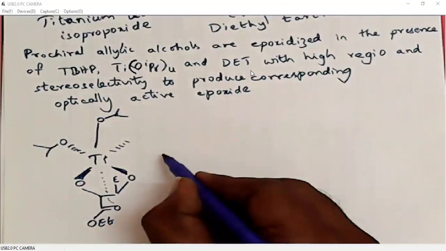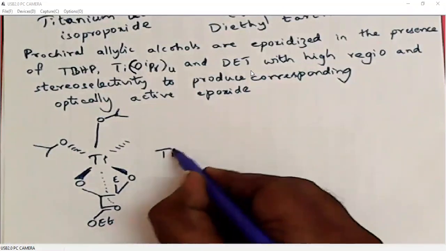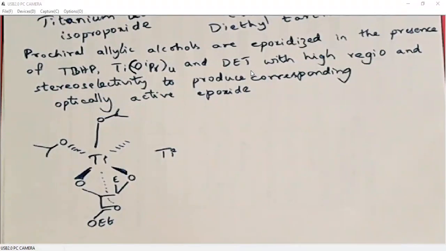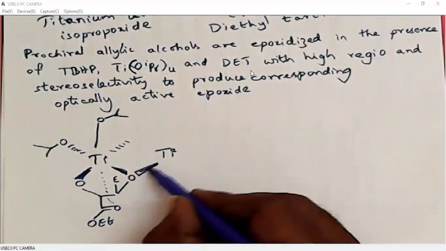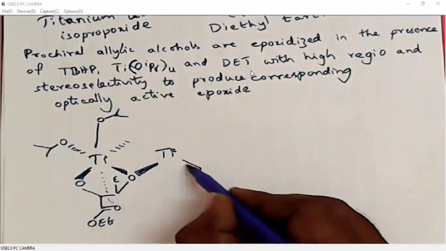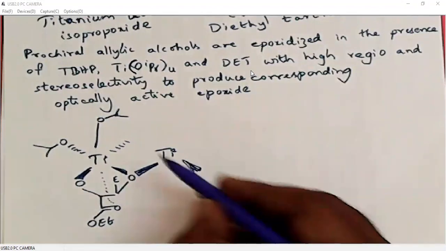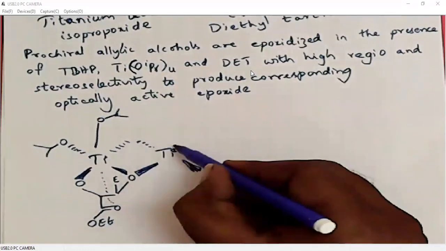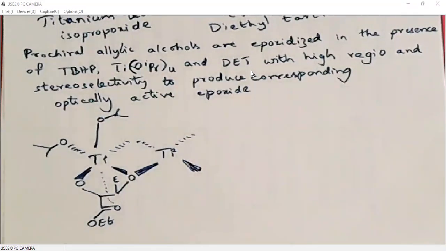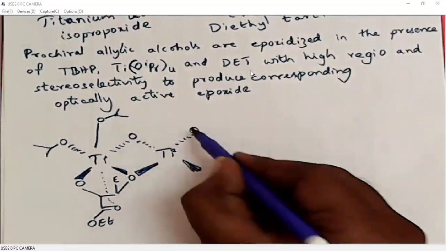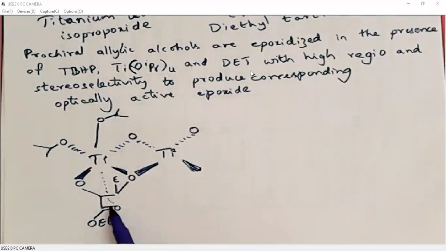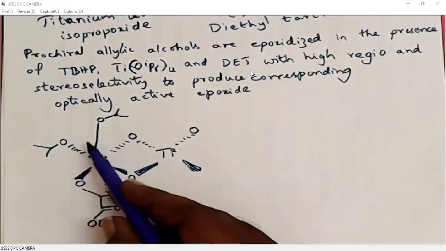As I said, it generates a dimeric complex. This titanium will also bind to this. So on one side it is diethyl tartrate, on the other side it is isopropyl alcohol.